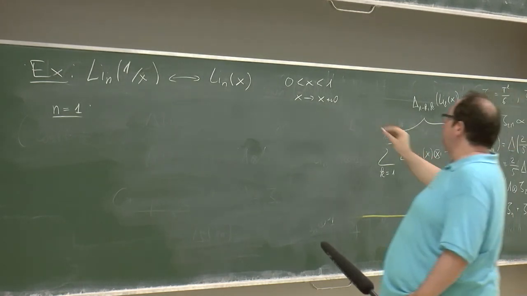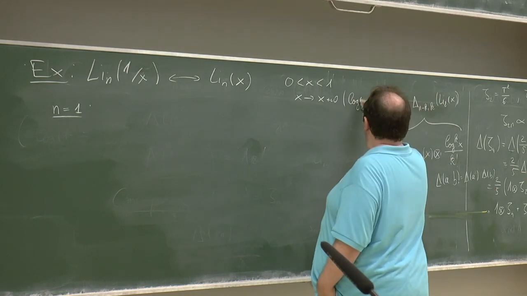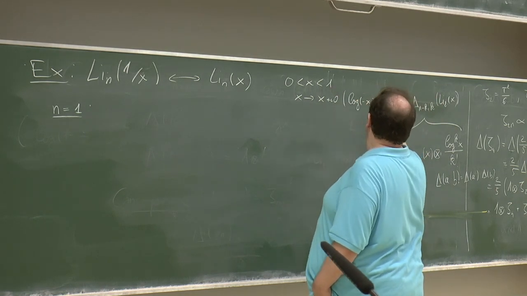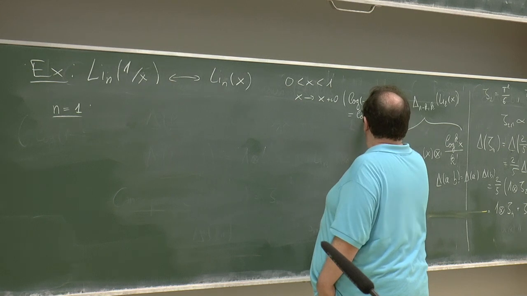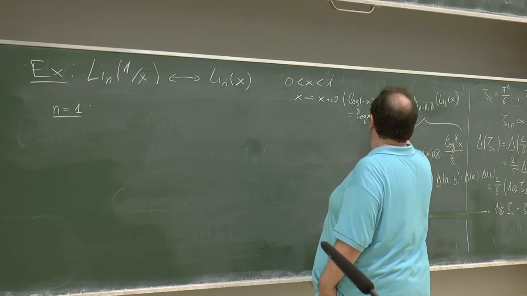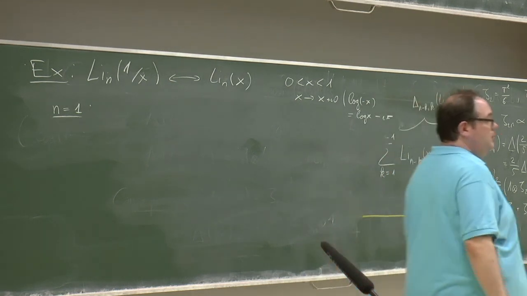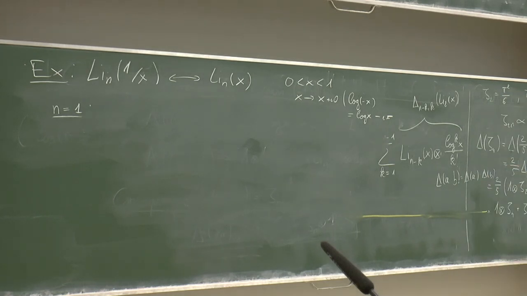This is just the physicist's way of saying that log of minus x, for x between 0 and 1, is log x minus i pi. It's just saying on which side of the branch cut they are.